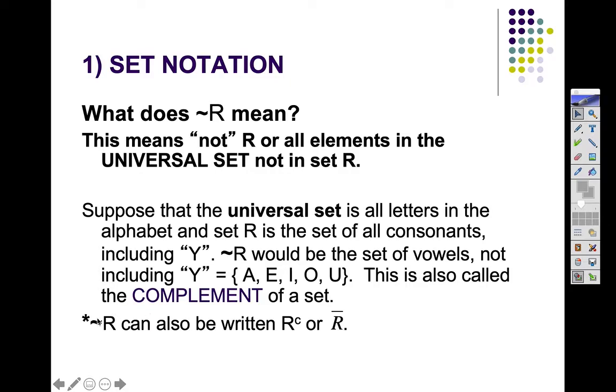Just like we had different symbols that mean the same thing, complement can just mean this tilde R. It could be R raised to the C, that's complement of R, or R with a line on top. All three of those in different languages and different forms of writing math do indeed mean just complement, or not what is in the set, so everything outside the set.